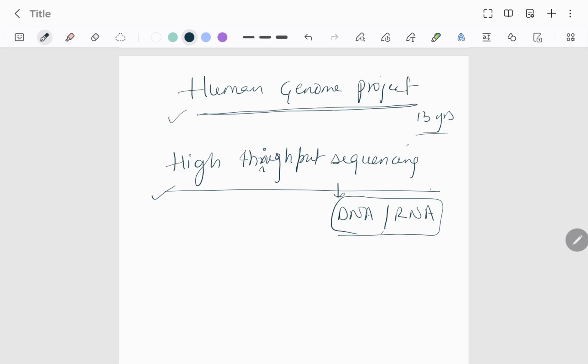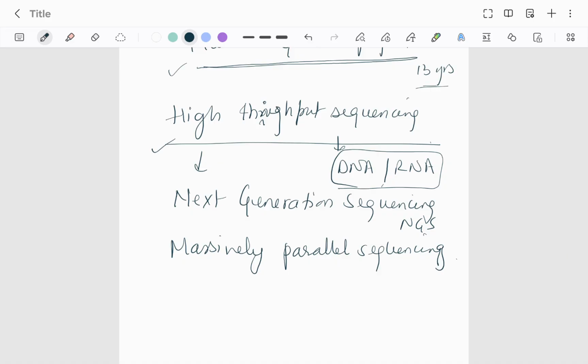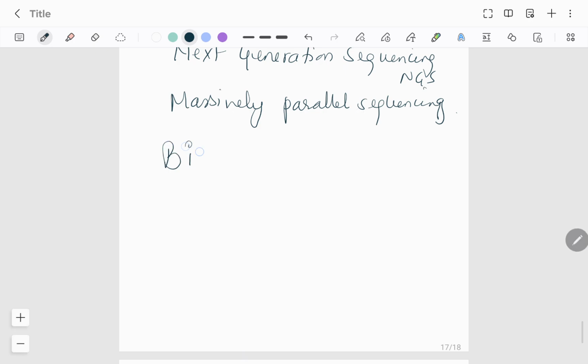The technique is high throughput sequencing, or we even say next generation sequencing, NGS, or massively parallel sequencing. A lot of genetic strands can be sequenced at the same time. Now we get a lot of data from these high throughput methods. We need to store and analyze the data, and for that, what is the next thing?